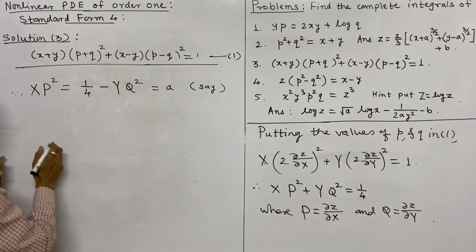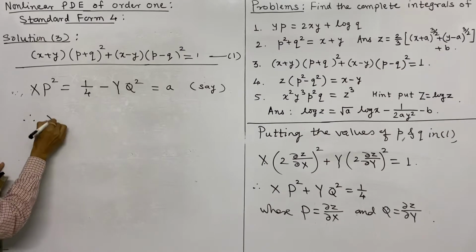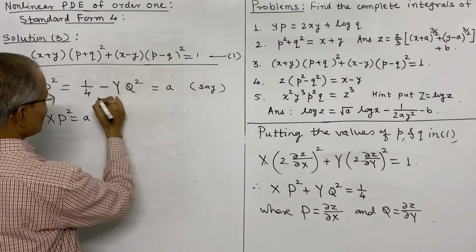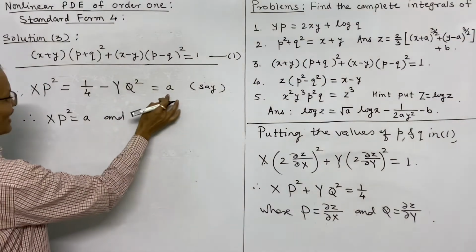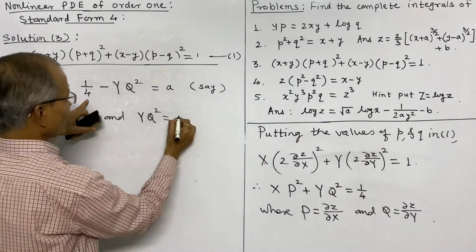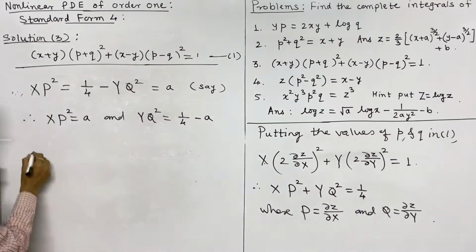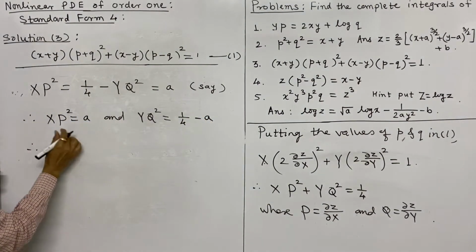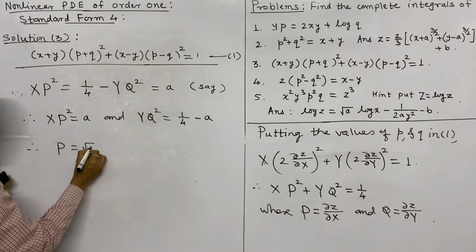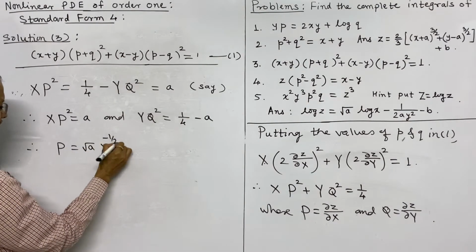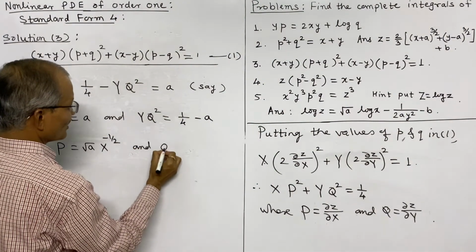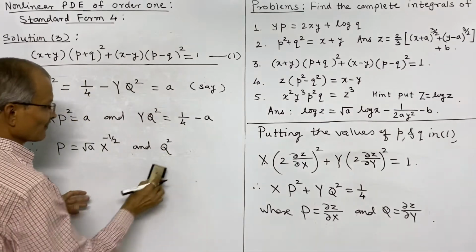So equate these two first. So this gives x into P square is equal to A, and from this we can write y Q square on this side and A on this side, and that will be y into Q square is equal to 1 by 4 minus A. Or from this capital P is A upon x, and then take its square root. So that will be root A into x to the power negative half. X will be in the denominator. And what about Q here? You may write Q square first.